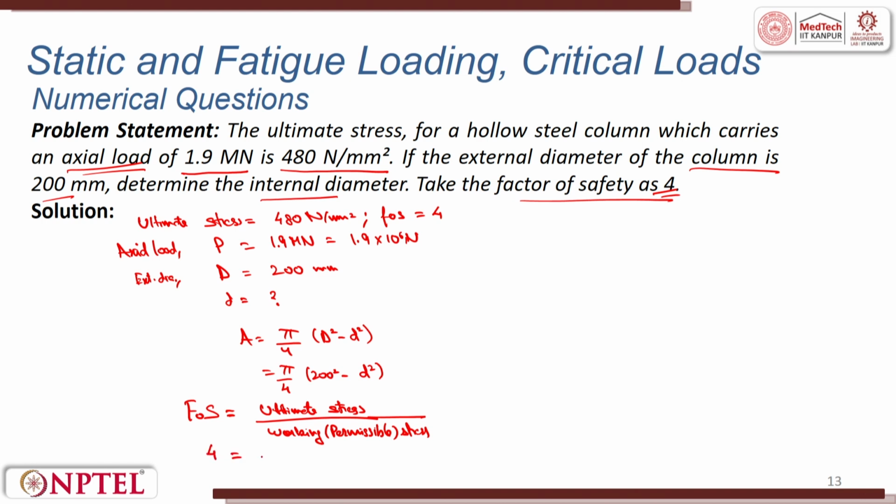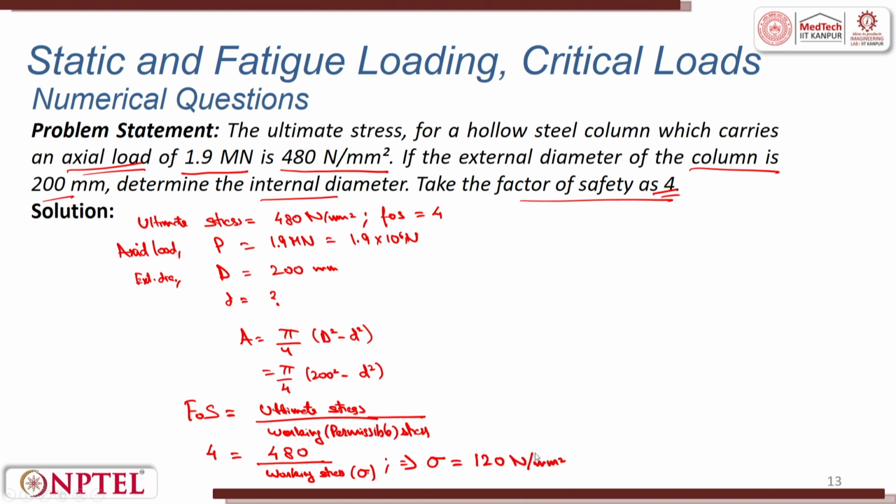This is equal to 480, the ultimate stress value given, and the working stress we have to put here. So, this gives me the value of working stress, that is sigma. This implies sigma is equal to 480 by 4, that is 120 Newton per millimeter square.